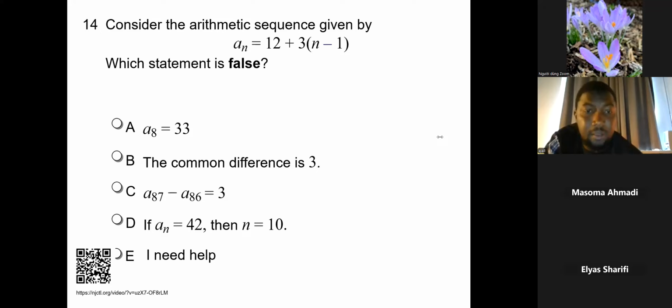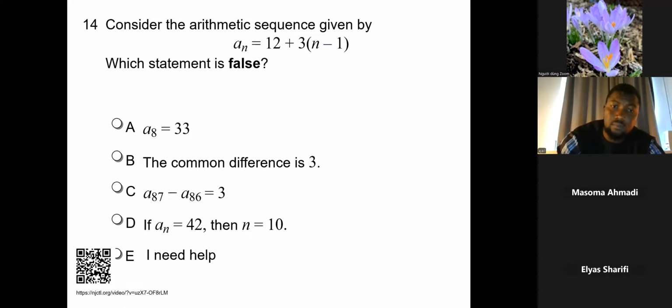Could you maybe say why D is false? Or you can also write in the chat if you want. Here we have option D, that if n equals 10, then the term is 42.